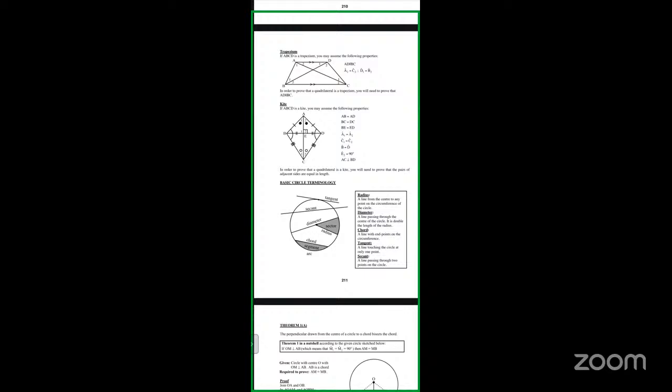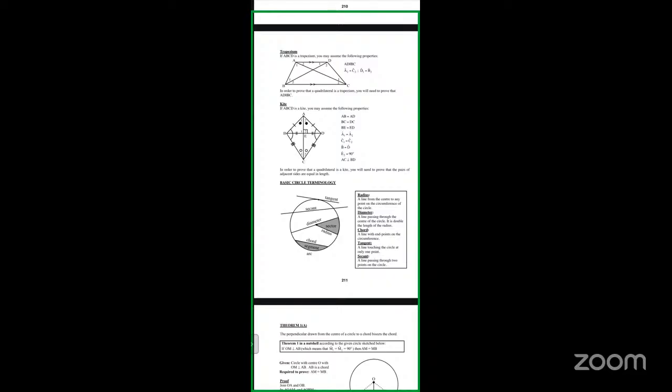So we have the radius in a circle, and we all know that the radius is the line from the center of the circle to any point of the circumference. Then we also have the diameter. The diameter is the line that passes through the center from one point on the circumference to another point on the circumference. That's the diameter. And diameter is twice the radius of the circle.